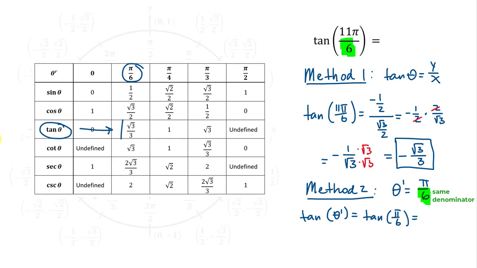That means the tangent of pi over 6 is radical 3 over 3. Okay, we're almost there, because now I'm going to say that tangent of my angle, 11 pi over 6, has exactly the same numerical part, radical 3 over 3, and the only thing that I have to check at the end is whether it's going to be a positive or a negative value.